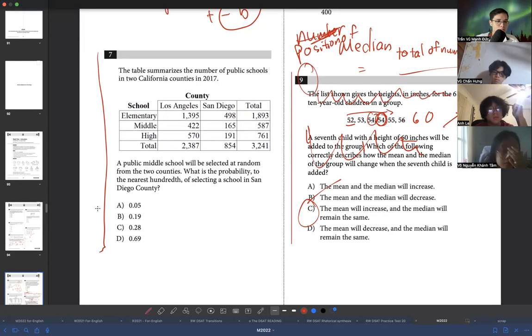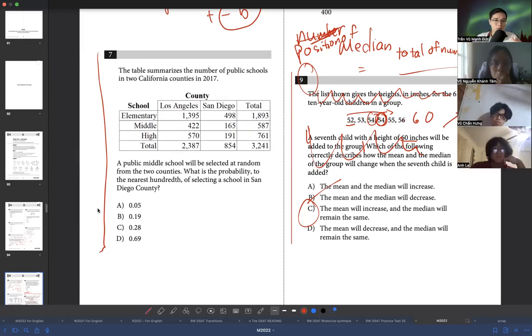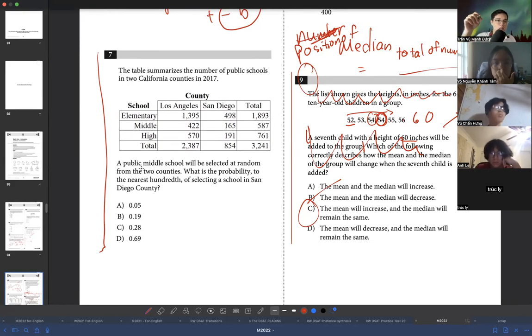Yes, I do. Okay, so I want you to pay close attention to these kinds of questions, because your problem in the math section is about probability, and your weakness mainly lies within probability.